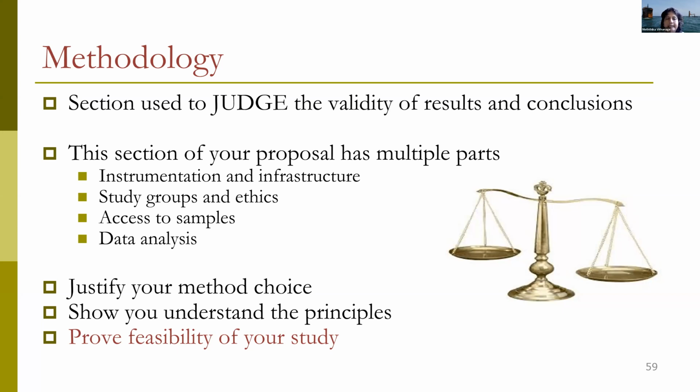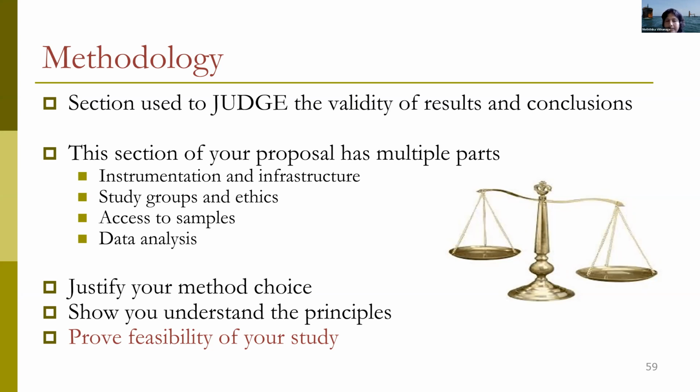By this particular section, evaluators will judge the validity of results and whatever discussions you come up with after you perform the research, right? So in the methodology section, your proposal has multiple parts.